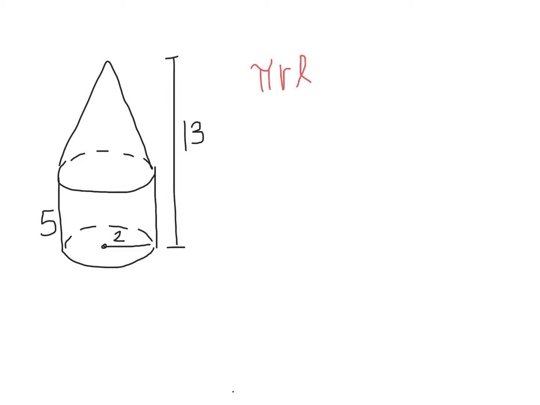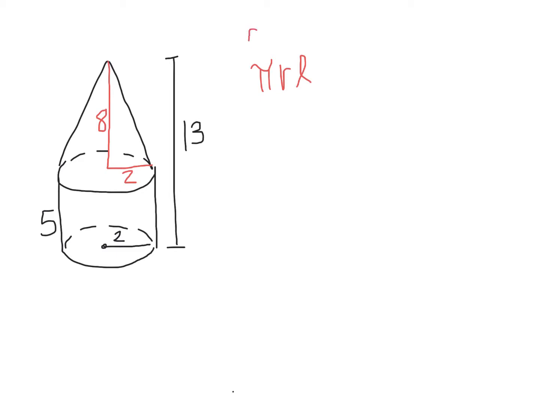In my picture, I have a radius of 2, and I know that the vertical distance of the entire solid is 13. If I subtract the 5 from the cylinder part, I'm left with 8 right here. That's the height of my cone, but that's not my slant height.